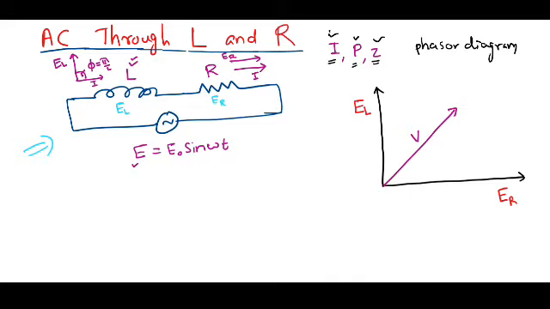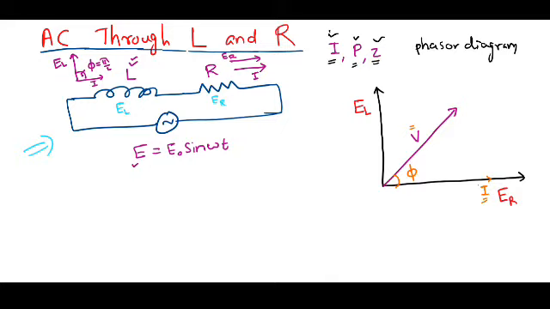Then the angle between this net voltage and the current, that is phi. Here the current is also along the same direction as that of the voltage in the case of the resistive circuit. That is, phi is the angle between the current and the net voltage in the circuit.